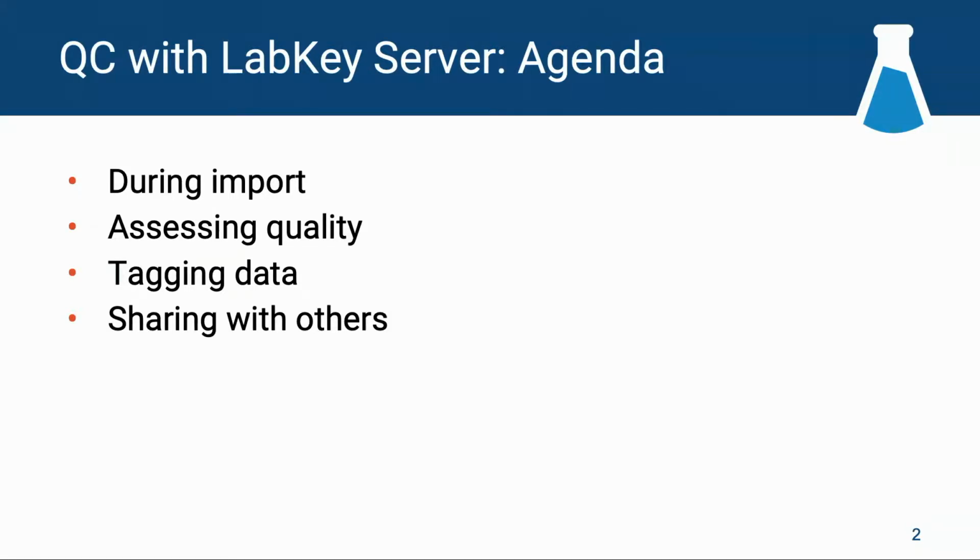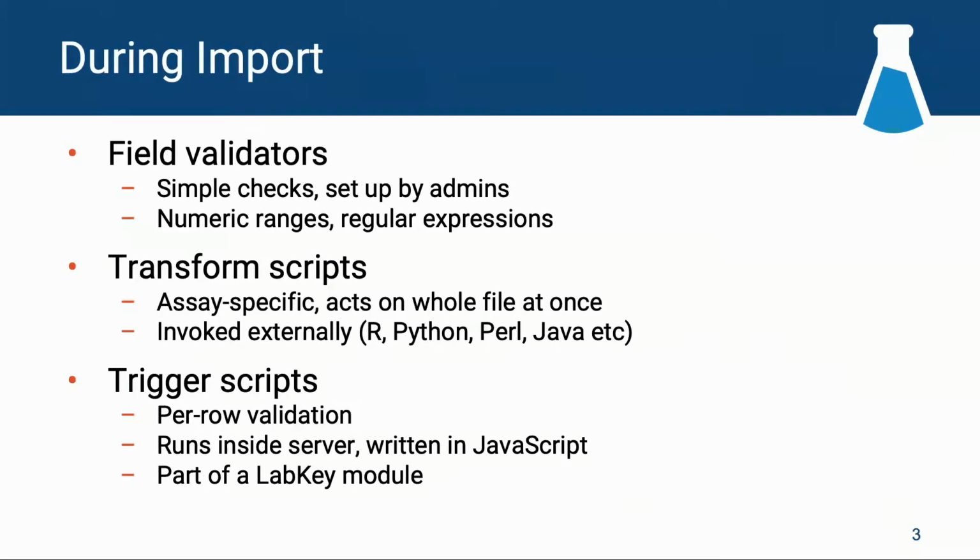And then finally sharing that with others. So that might be publishing it within LabKey in a different spot where collaborators have access, where they don't have access to the initial spot where you imported. Maybe it's exporting it in a way that you could submit it to, say, the FDA or a publication or something along those lines. So let's take those step by step through that entire process.